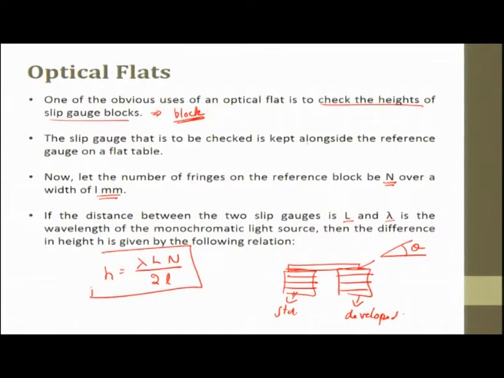This is the relationship which gives you the height difference. Lambda is the wavelength of the monochromatic light source, L is the distance between the two slip gauges, n is the number of fringe patterns, and you get the relationship.